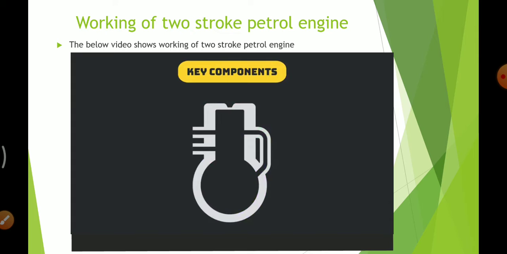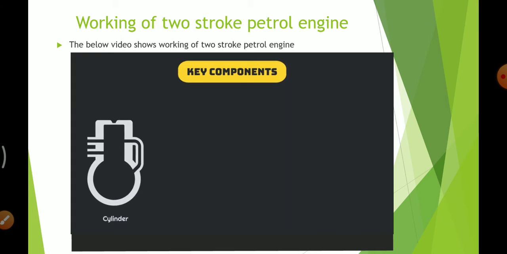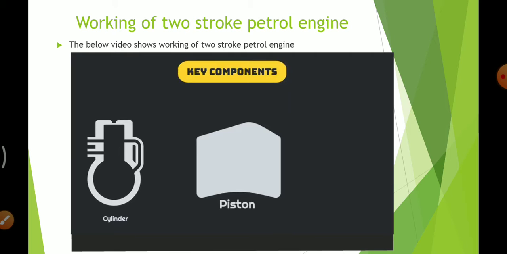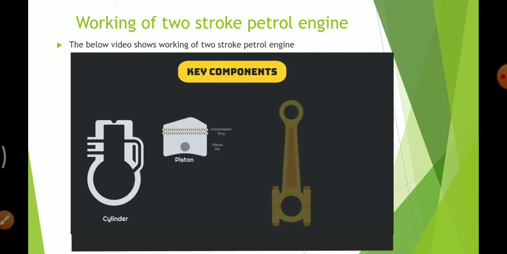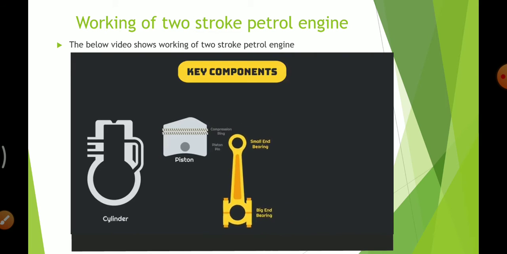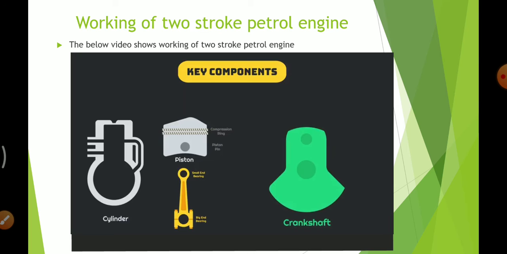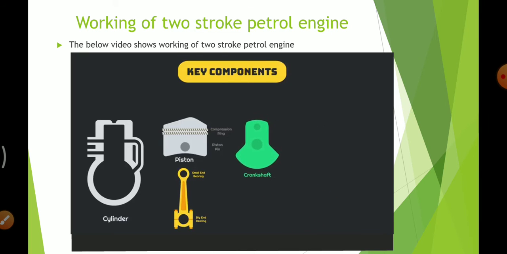Next, cylinder, piston, compression ring, piston pin, connecting rod with its small end bearing and big end bearing. This is the crankshaft, and this is the spark plug.